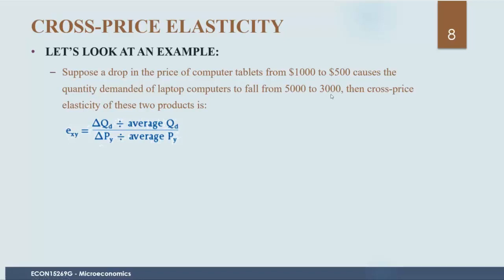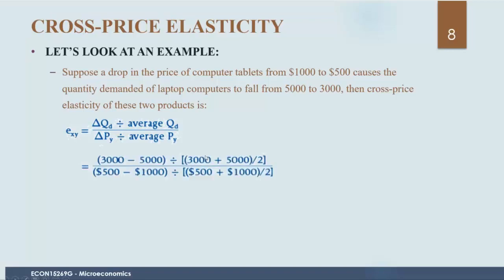Then we divide that by the average, which is 4,000. And what happened to the price? The price fell, so it's now 500, but it was 1,000 before. So this is negative as well, and we divide that by the average. What we end up with is a positive number equal to 0.75.